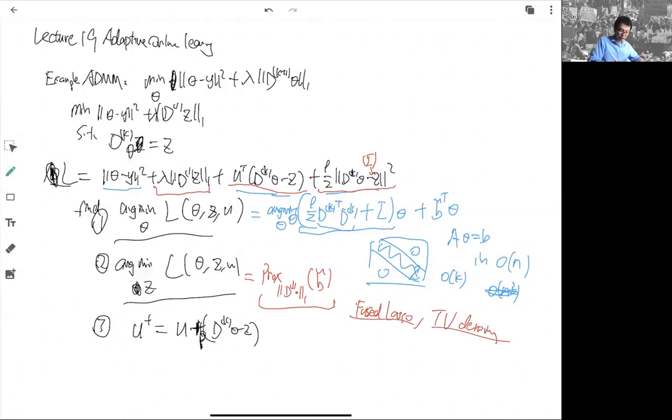In particular, there is a dynamic programming algorithm to solve this problem exactly in order n time in the worst case. So with this special decomposition, we get to make use of specialized solvers that have been developed for specialized applications to solve this problem a lot faster.